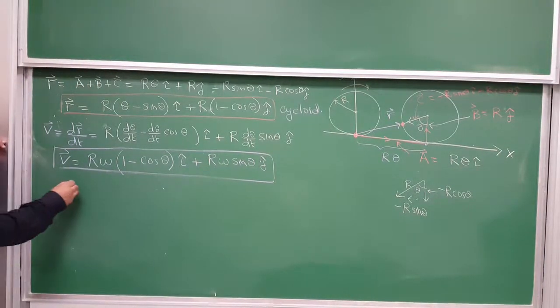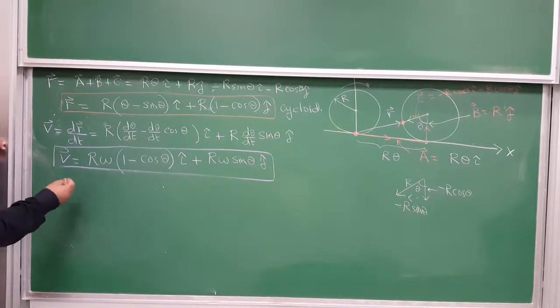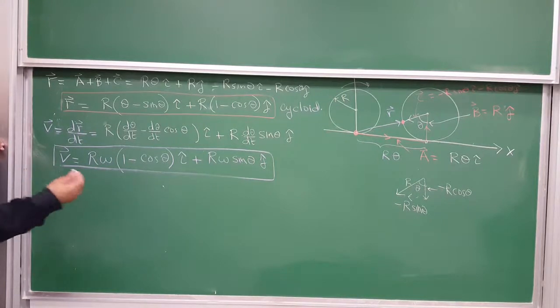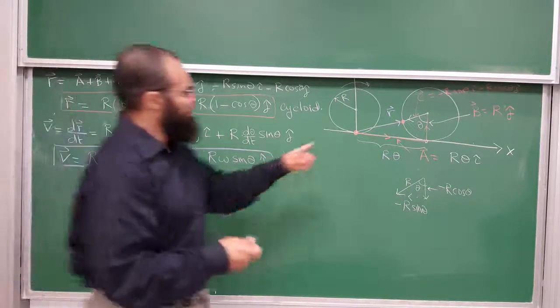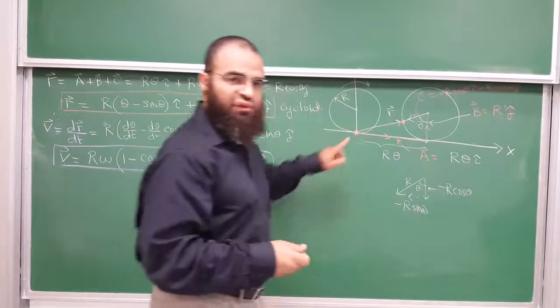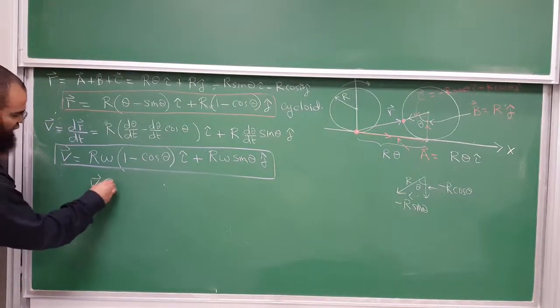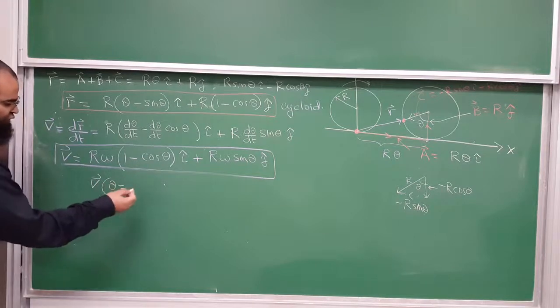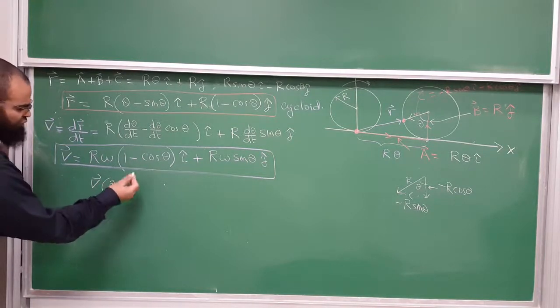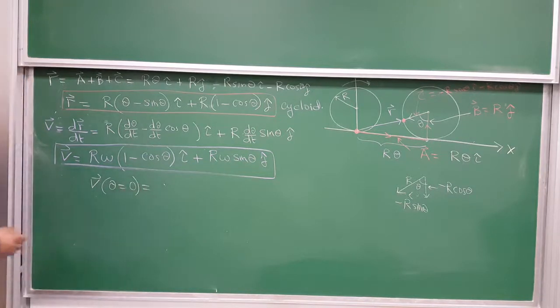All right, so what is v if theta is equal to 0 or 2 pi or 4 pi, meaning when this point is at the bottom? I expect it to be 0, so let's see. V, when theta is equal to 0, when it's at the bottom.